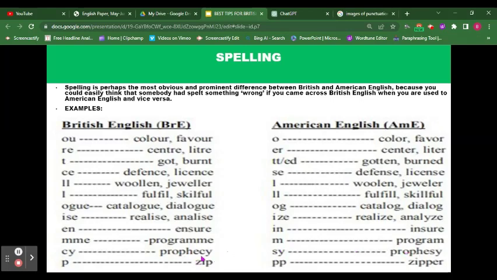Of course, in British English, you have prophecy ending in CY. In American English, it ends in SY. Then where you have P, all right, in British English, as you have in zip, zipper, then you have double P in American English.